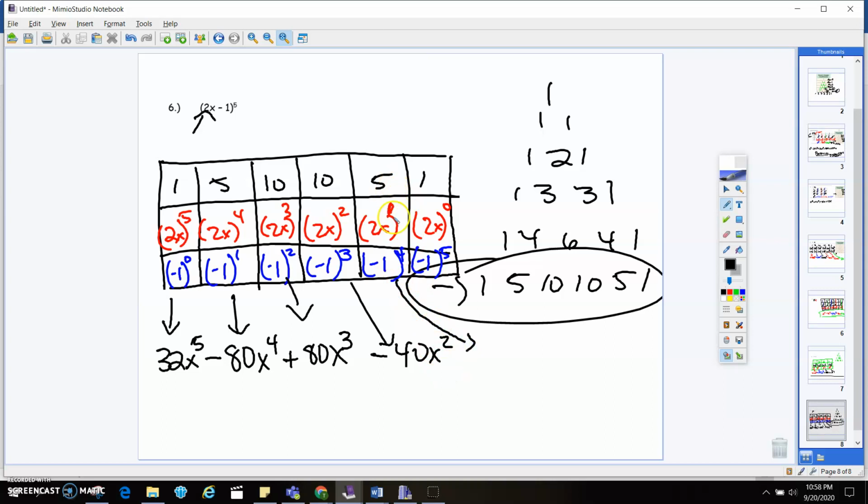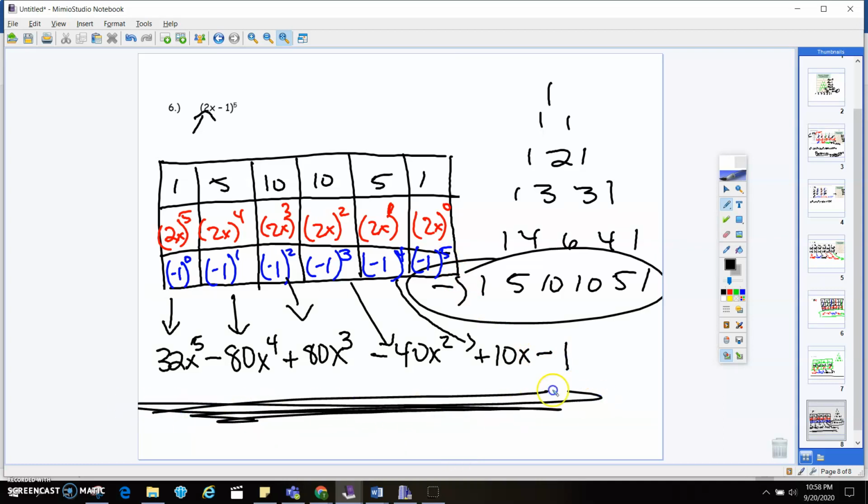Next one, 5 times 2 to the 1st, so that's 10, and you're going to make it positive, so 10x to the 1st. And last one, we got 1 times -1 to the 5th power, which is going to give me negative 1. Voila! It's done.